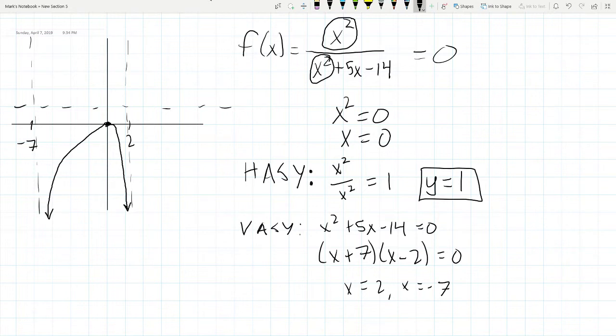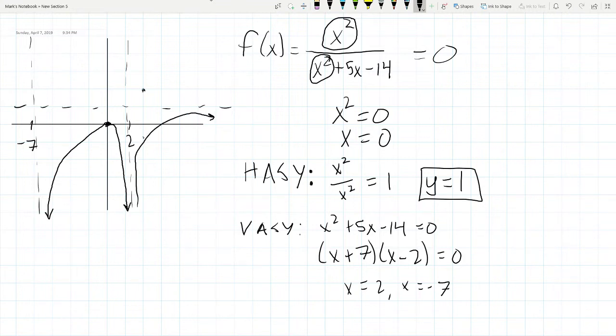Now for the other 2 regions, we're going to have something to the left of negative 7 and something to the right of positive 2. We just have to figure out which section of the grid it's in. If I plug in x equals 3 and we get something up here, then we would just go ahead and follow our asymptotes like that. Otherwise, if we got something negative, we'd follow like that.